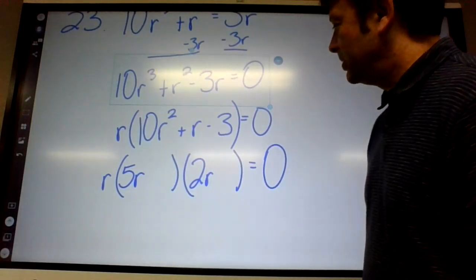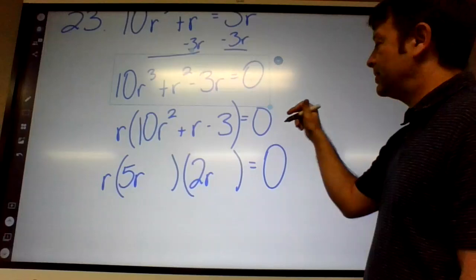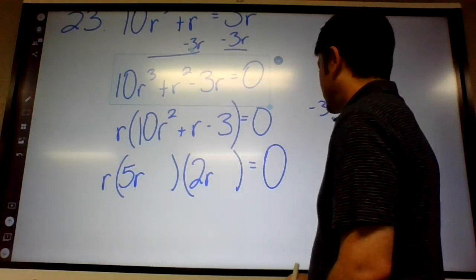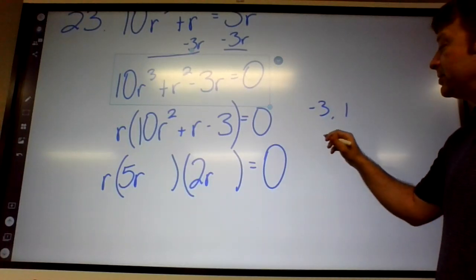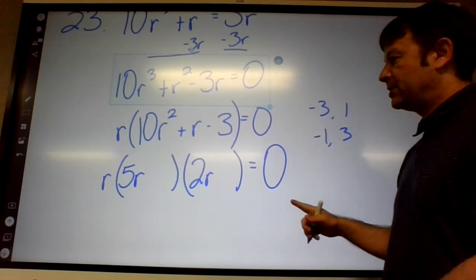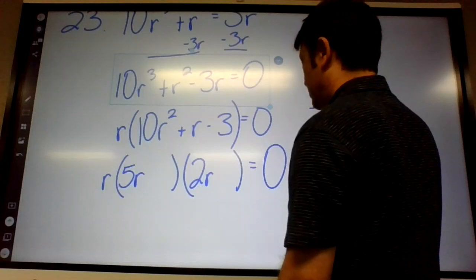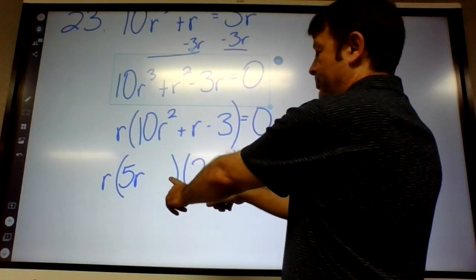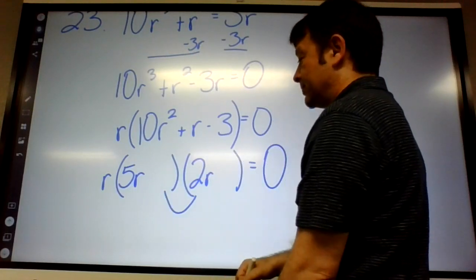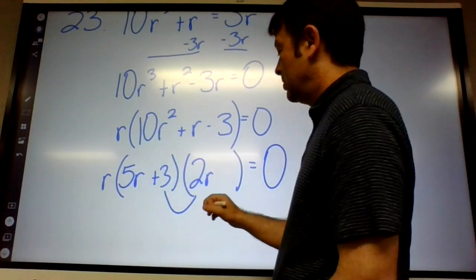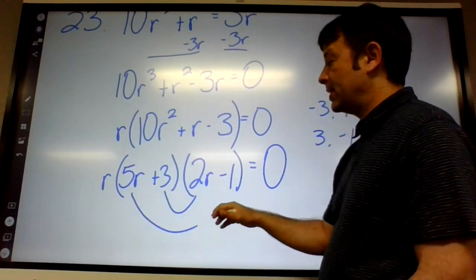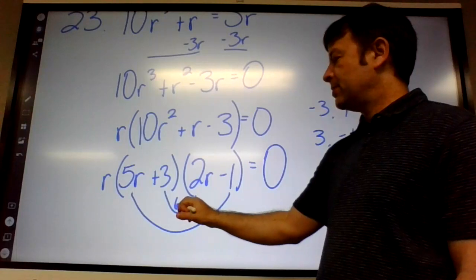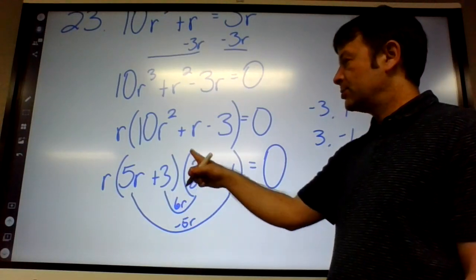No, it's not going to be 10. Okay, so in the back, negative 3, that could be like negative 3 times 1 or something like this. Actually, I think it's going to be negative 1 and 3. It's going to be 3 negative. Yeah, because if I put 3 right here, this will be a 6r. And then the negative 1 right there will be a negative 5r. And 6r minus 5r is 1r.